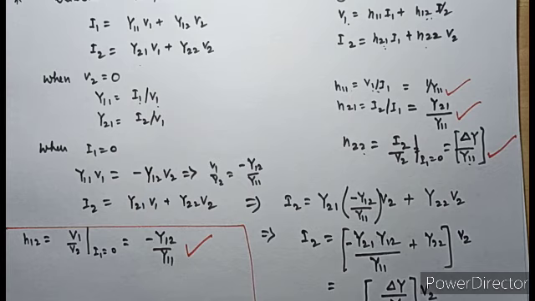Now we will move on to interconnections of the two-port networks, right? Now the interconnections means we have two different two-port networks, and we are going to connect these two networks in different manners, like series connection, parallel connection, series parallel connection, or parallel series connection, or in cascade mode also.